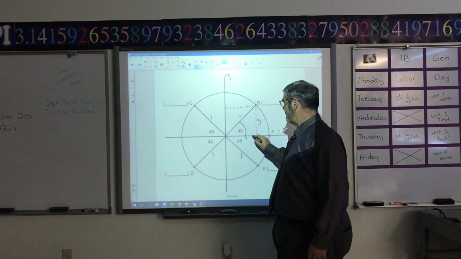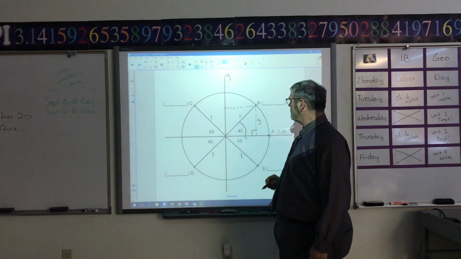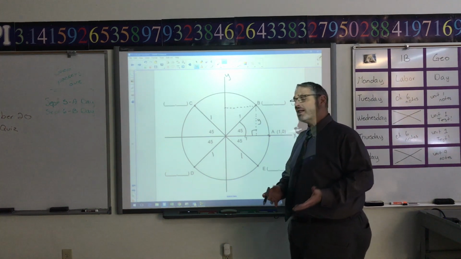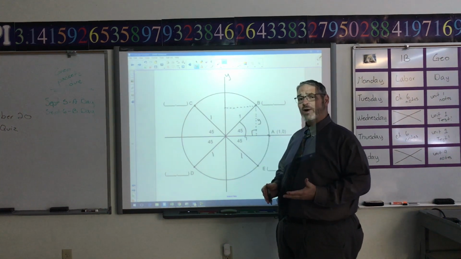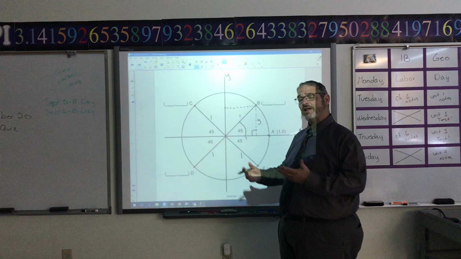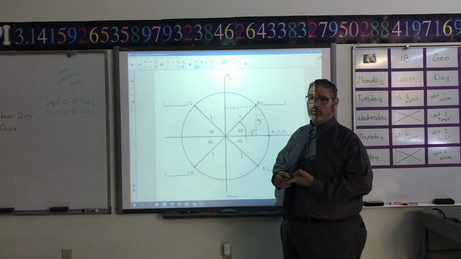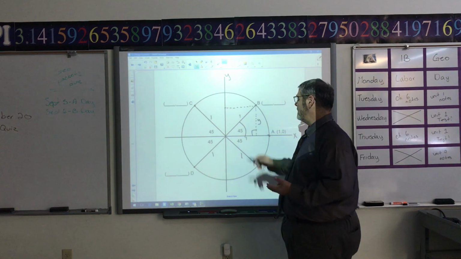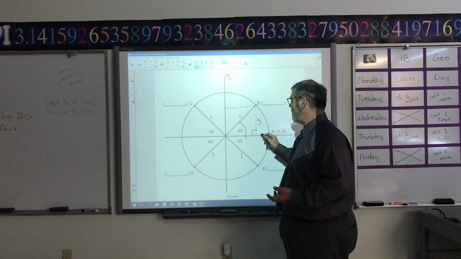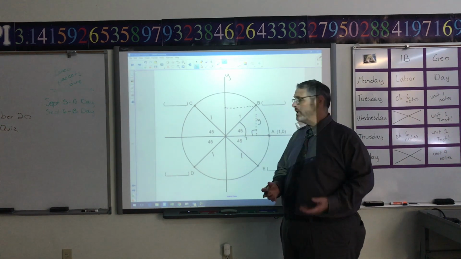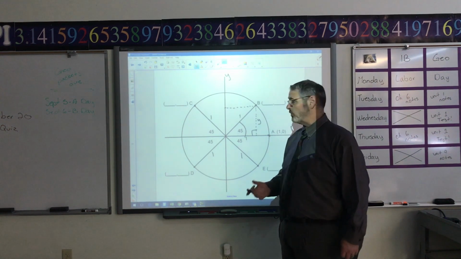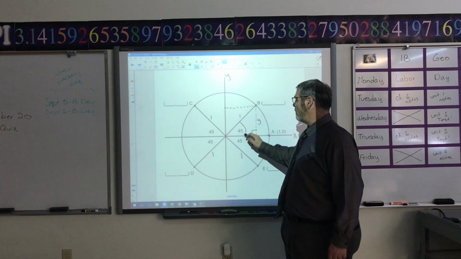Well, since this is a right triangle, remember we talked about it in class, whenever you have a right triangle and you want to find the sides or the angles, you're either going to use SOHCAHTOA or the Pythagorean theorem. Since I don't know the x value here, I'm going to figure out y using SOHCAHTOA. This is 45 degrees.